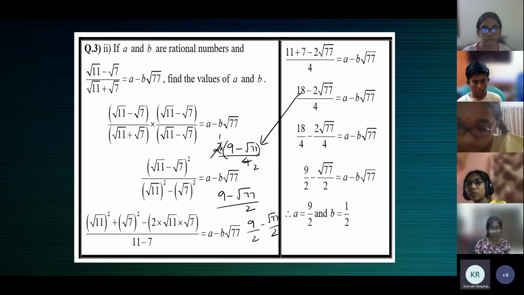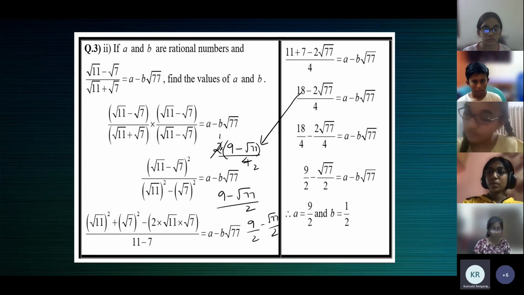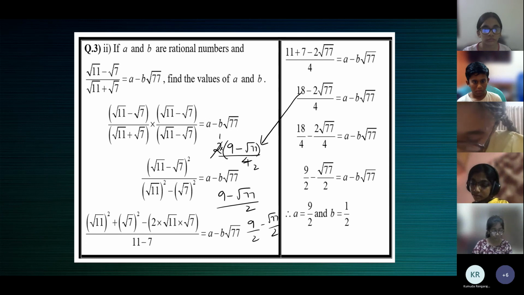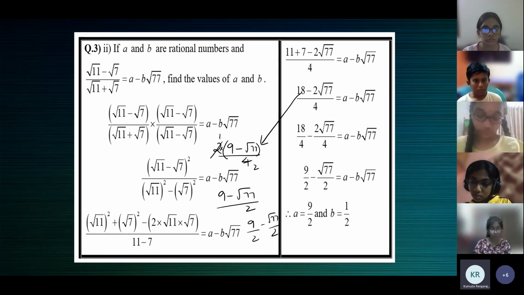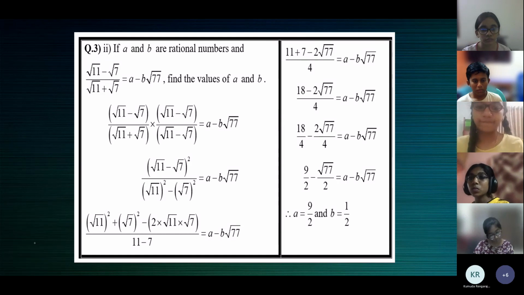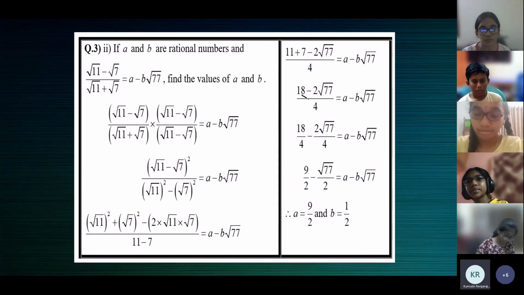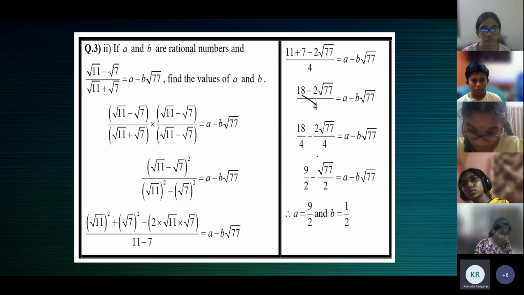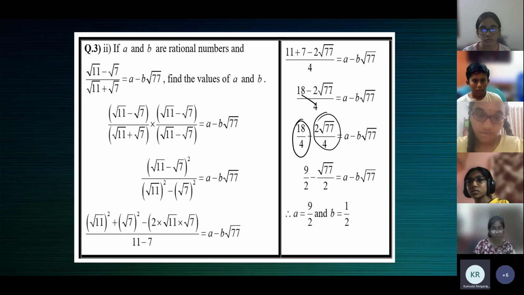So on comparing both the sides, A is equal to 9 by 2 and B is equal to 1 by 2. What I have done is I've taken the denominator 18 by 4 minus 2 root 77 by 4. So this becomes 9 by 2. This becomes root 77 by 2. Root 77 by 2 is nothing but half root 77.